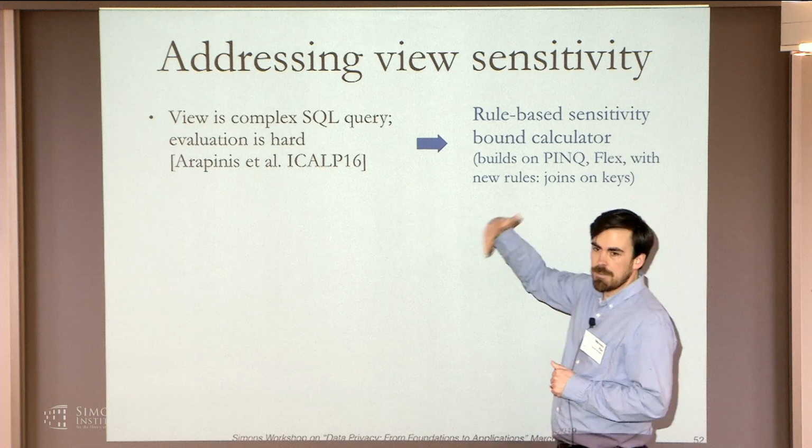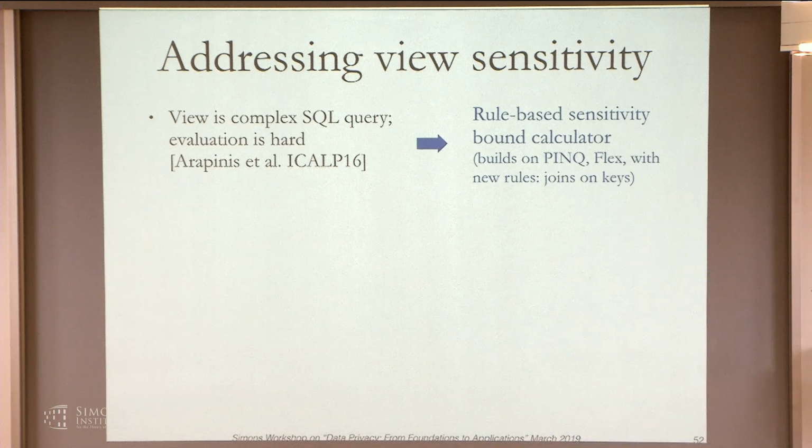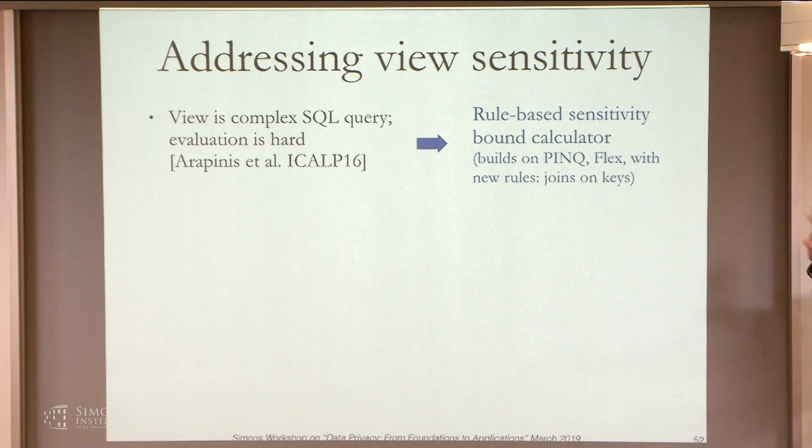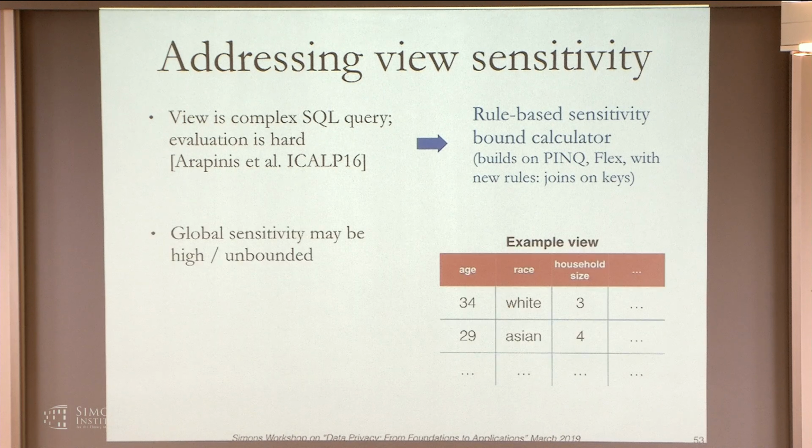Doing this kind of sensitivity evaluation is hard, and Marco actually has a nice paper proving some hardness results there. We leverage some work in Pink and Flex to have a sensitivity calculator that produces an upper bound on the sensitivity. We have some new ideas there that have a very significant impact on the accuracy.